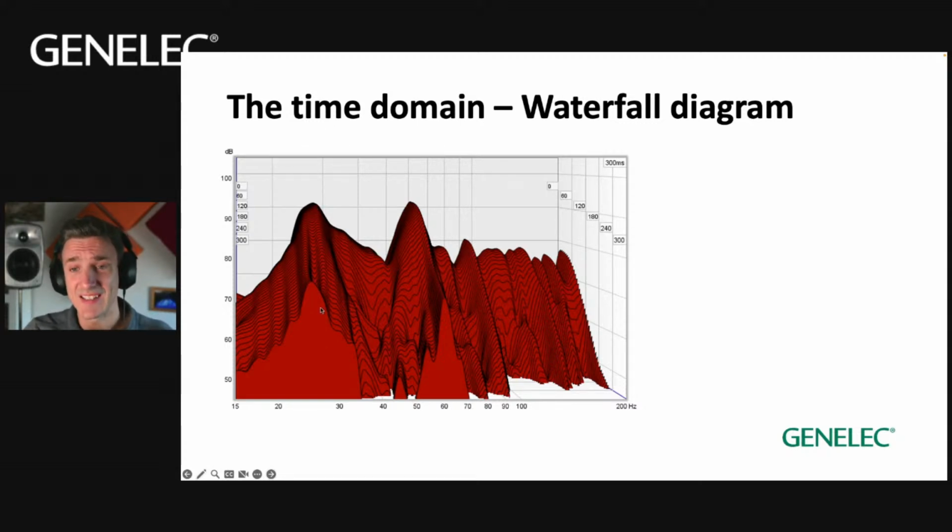What's also happening is that the room modes ring. So the decay time of these modes and of these frequency ranges is longer. As you can clearly see, for example, here, this is a so-called waterfall diagram. It shows on this axis the frequencies, and then we have the level here. And then on the third axis, we have the time. This one, for example, shows a time frame of 300 milliseconds.